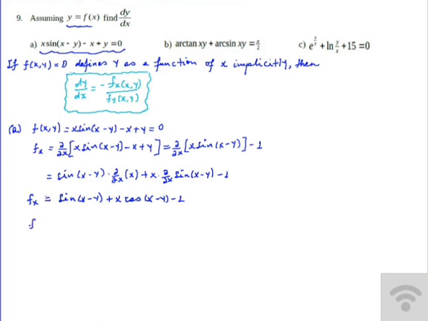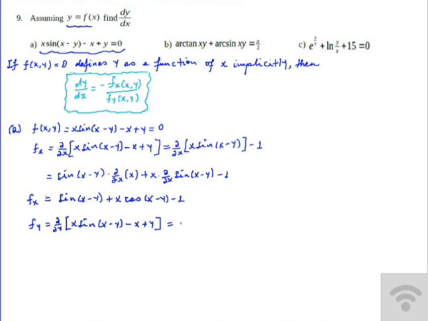So again we evaluate the partial derivative of the function with respect to y. So x times sine of x minus y minus x plus y. We take the partial derivative of this with respect to y.